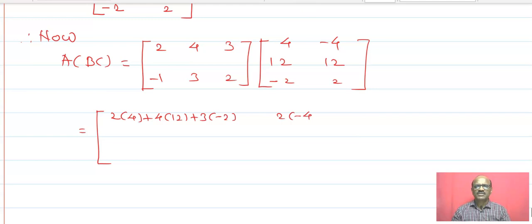Therefore, next multiplication: first row, second column; second row, first column; second row, second column.